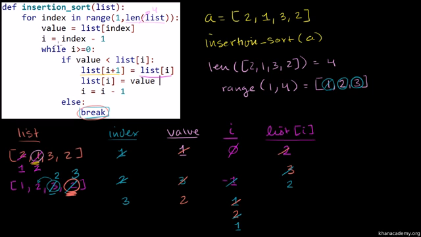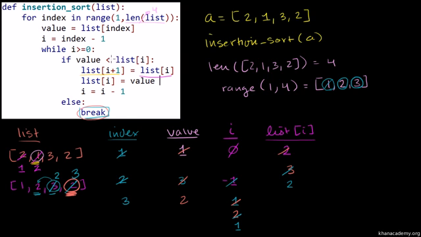And we go through the while loop again. I is clearly greater than or equal to 0. It is 1. Value is still 2. Remember, 2 is what we're comparing to each of the items to the left, going through this while loop. If 2 is less than whatever's at the ith slot in the list. So the first slot in the list is a 2. Well, 2 is equal to that, but it's not less than that.